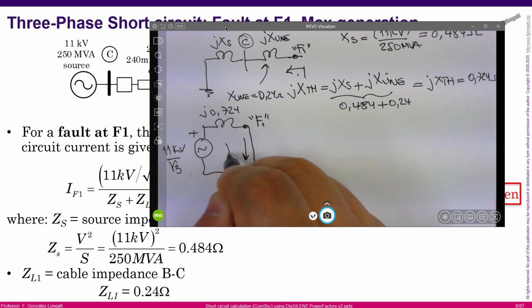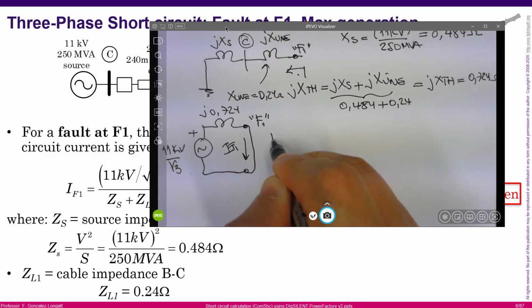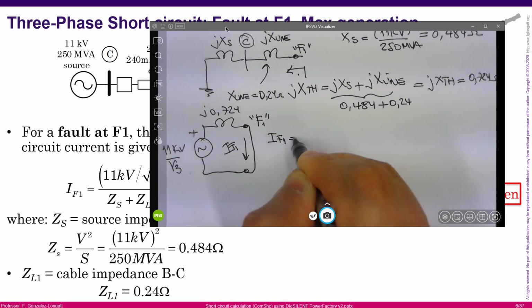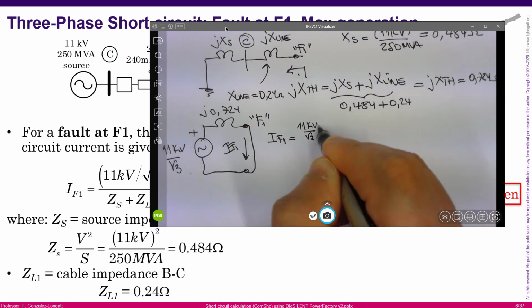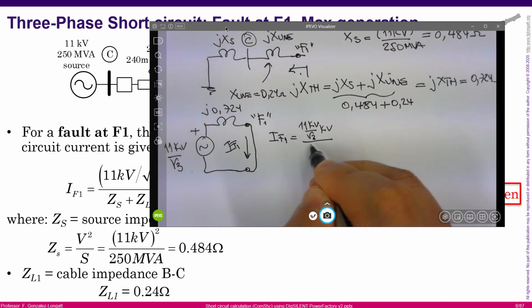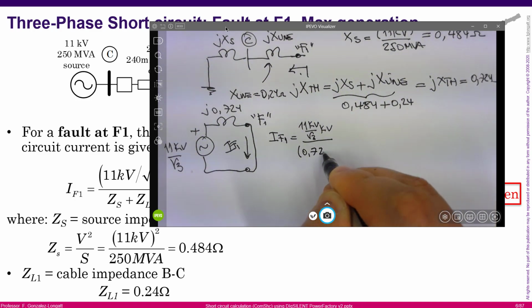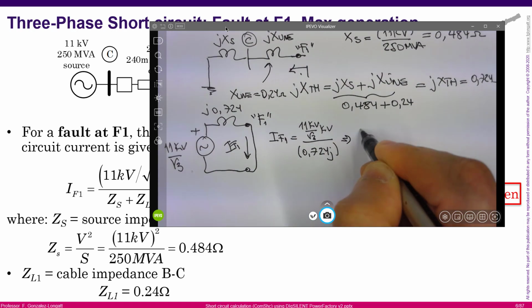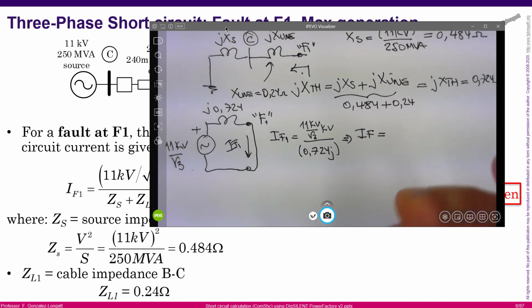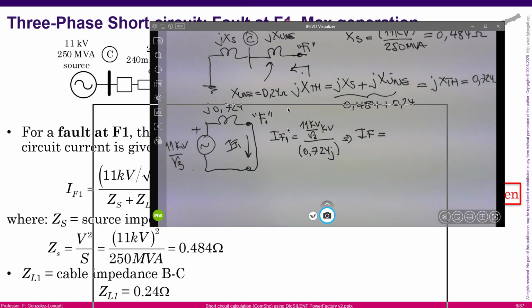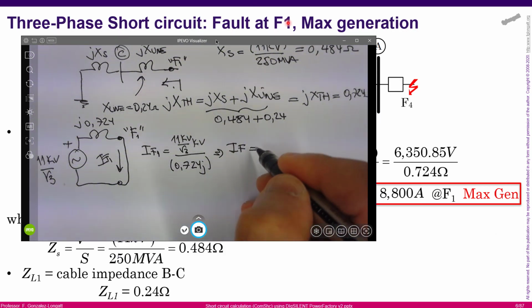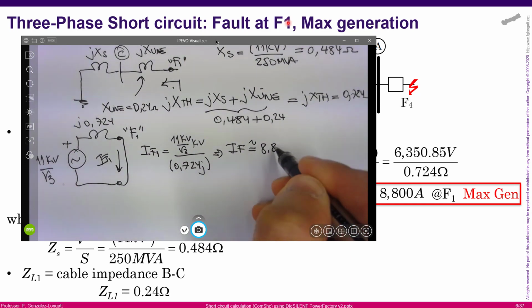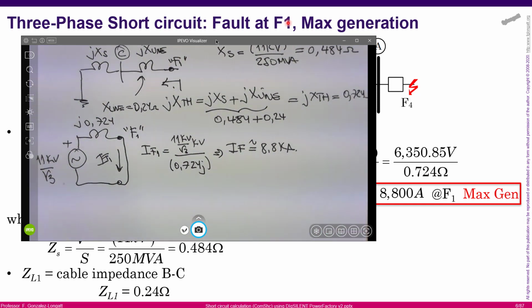And we can calculate the current that is going in this short circuit using real units. 11 kV divided by square root 3, divided by the total reactance 0.724j, and as a consequence the fault current will be around 8.8 kiloamps. Okay.